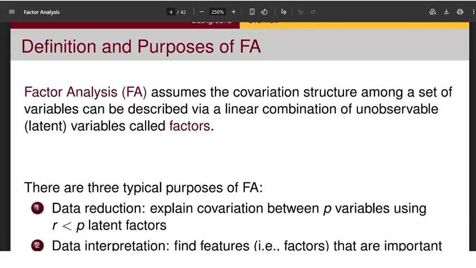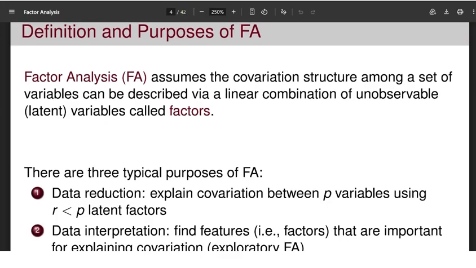So when I talk about the background, let's look into the definition, what it does. We also want to look into the purpose of factor analysis.